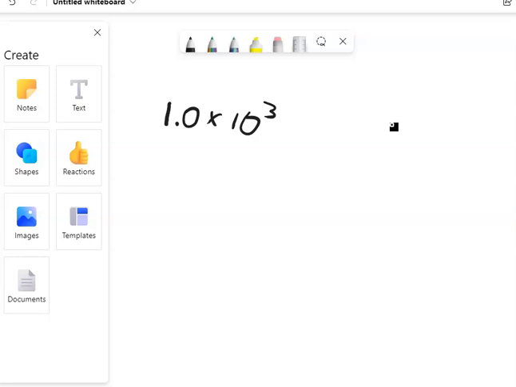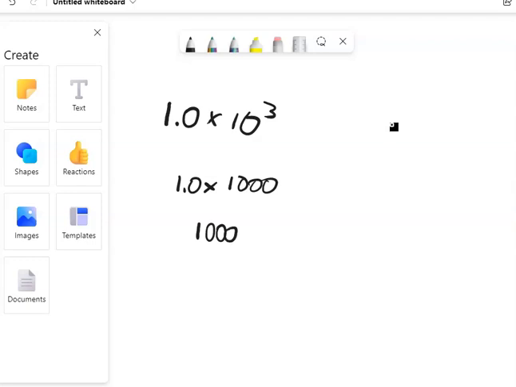But what is this part? What is this 10 to the third power? Well, that is a 1 with 3 zeros, or 1,000. So this number is 1.0 times 1,000. And 1.0 times anything is itself, so it is just 1,000.